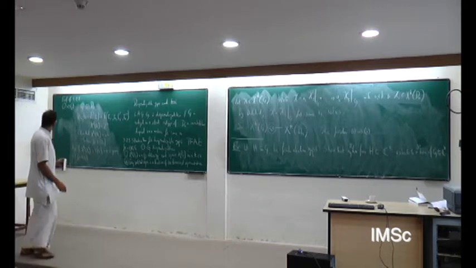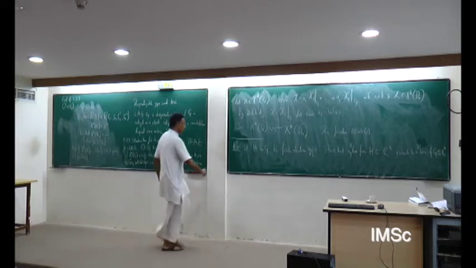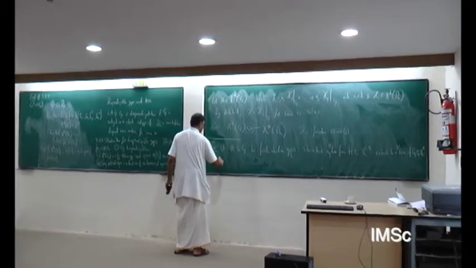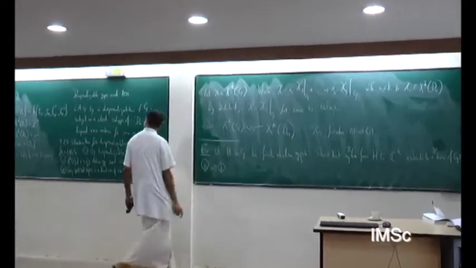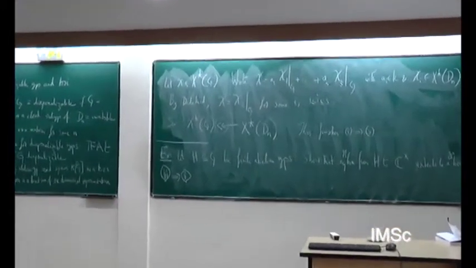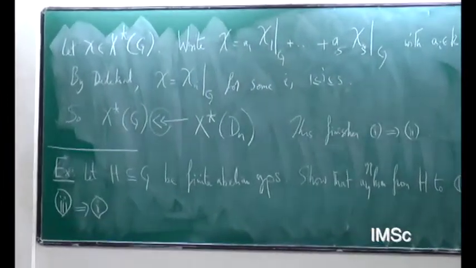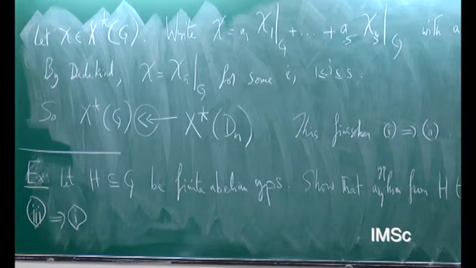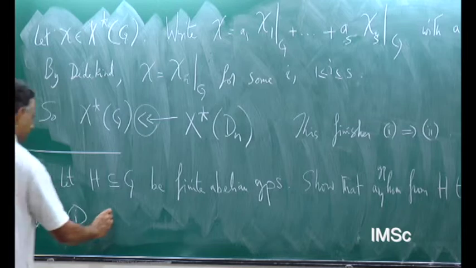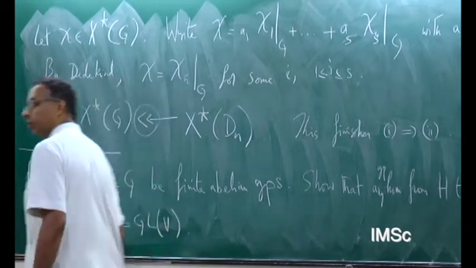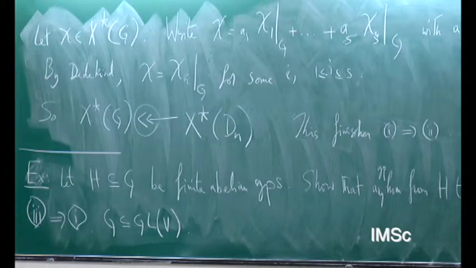Now, 3 implies 1 is obvious. What does that mean? You put G inside some GLV. This, of course, you can do without any assumption on G, so this is always true.